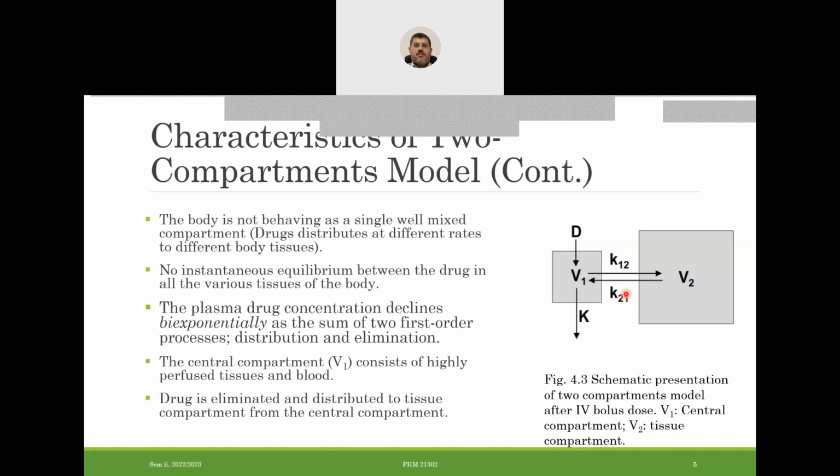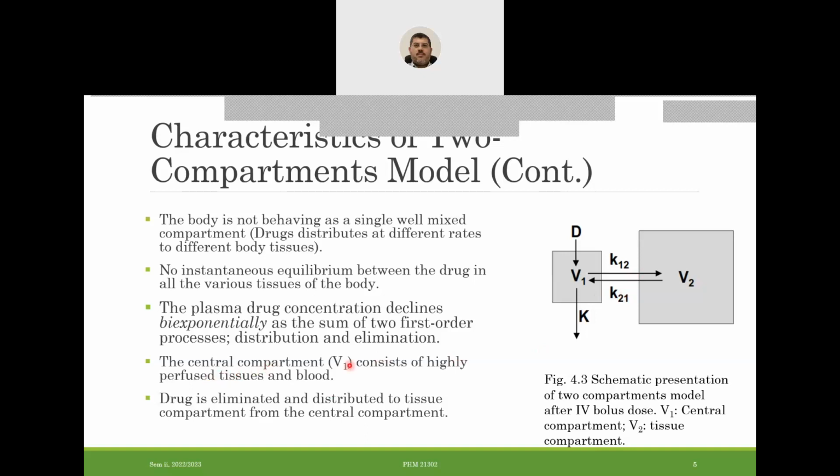It is affected now by distribution and elimination. In the one compartment model, it does not include distribution because it happens immediately. It doesn't have any time to complete. There is no rate, so it has no effect. We didn't observe it. It doesn't have an effect on the drug plasma concentration.